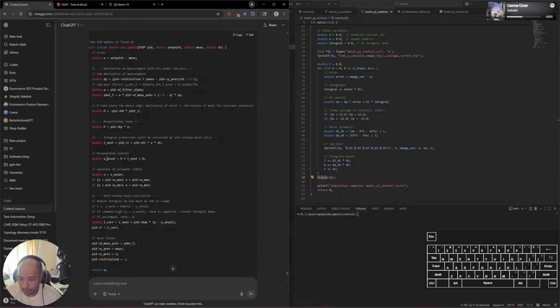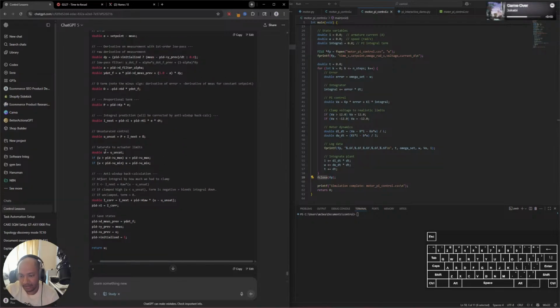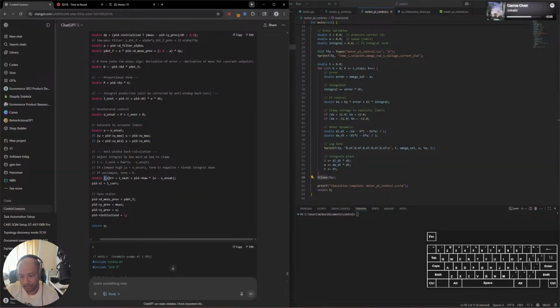Unsaturated control. This is the full value of the U that we looked at. U(t) equals KP plus KI plus KD. So that's the unsaturated version of it. Then we want the saturated version. Just gonna say the same, but then we're gonna check our clamps, and we're gonna set our clamps based on our min and max, and then we're gonna do the anti-windup back calculation, which is I corrected as I next plus K times y minus y instance constant.